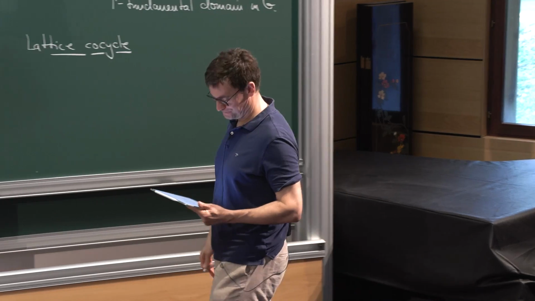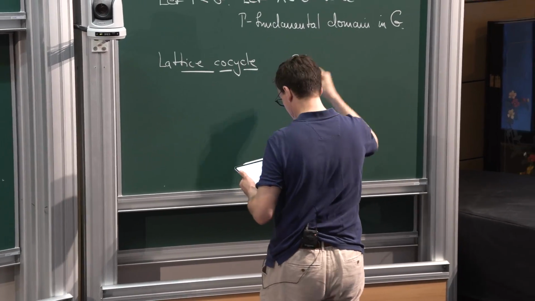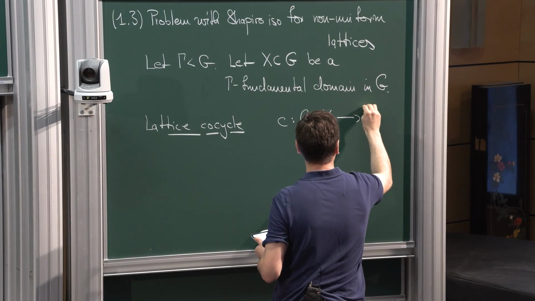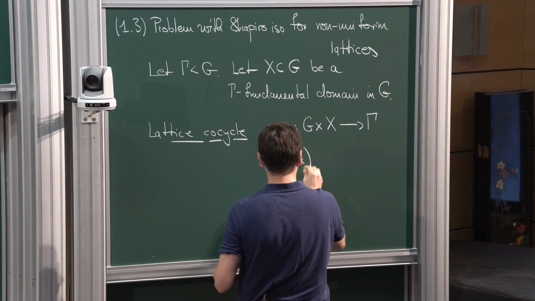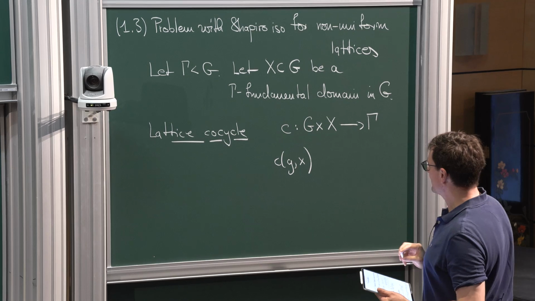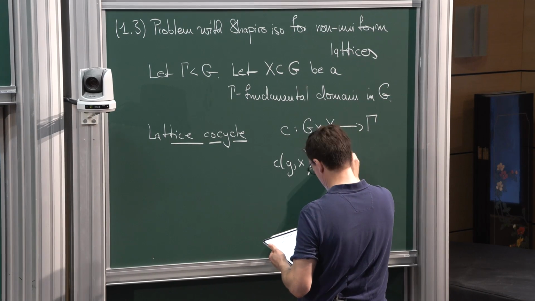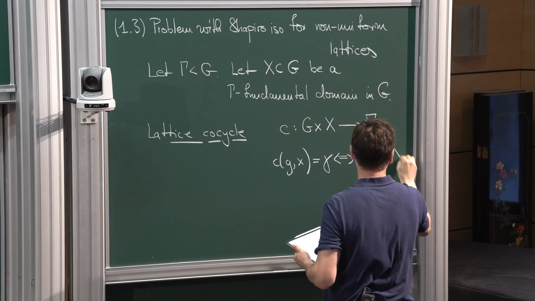But I don't care about this interpretation. It's just what I write down. It's a map from G times X to gamma. At (g, x), we will declare it to be gamma if g^-1 x gamma lies in the fundamental domain.